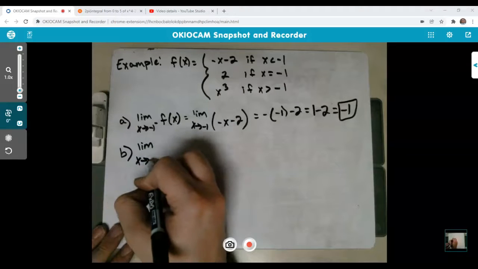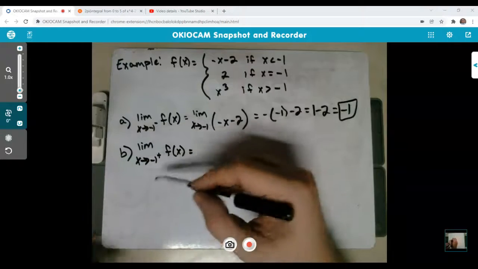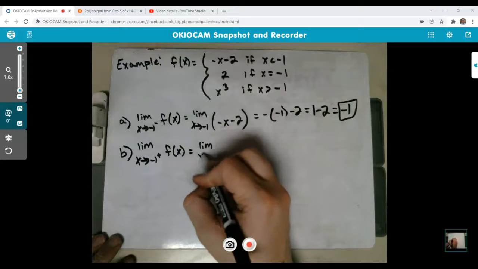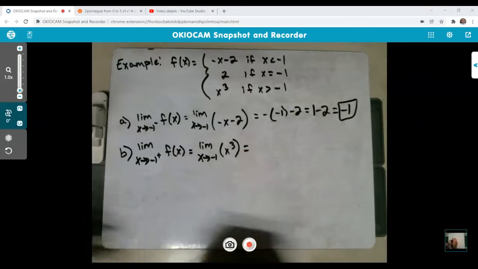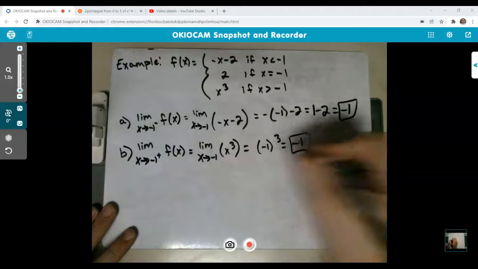Now for the right-hand side, I would use everything greater than, so that's the bottom one. So that's the limit as x approaches negative 1 of x cubed. Again, I can just plug it in, so that's negative 1 cubed, which is negative 1.